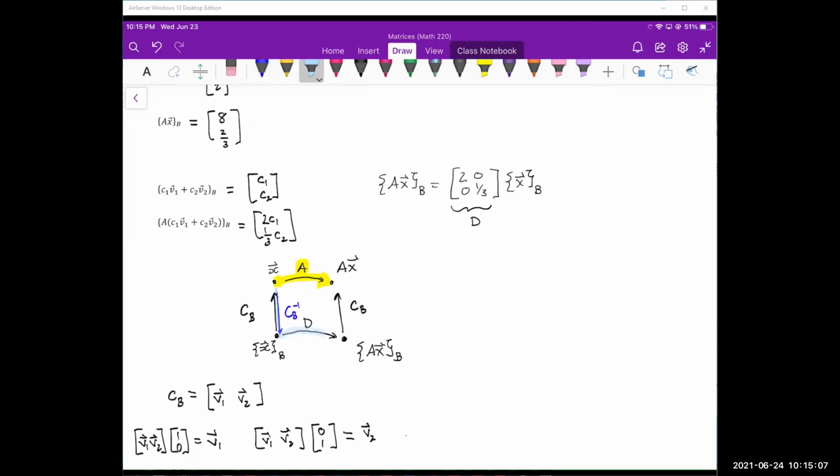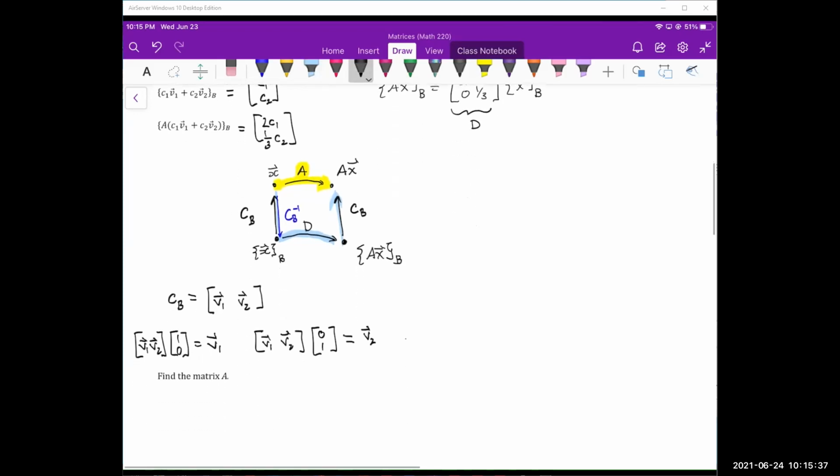Then, once we've written it in terms of coordinates, we just multiply through by this diagonal matrix, which has just the eigenvalues. So basically just stretching along those directions, eigenvectors. And then we go from coordinates back to the actual vectors. And this produces the same output.